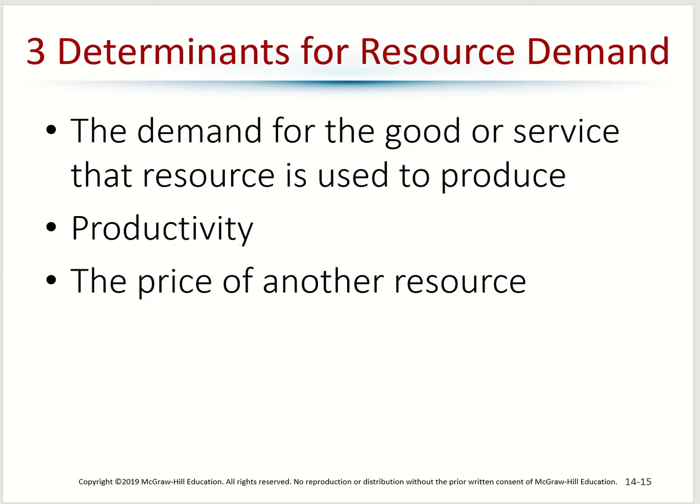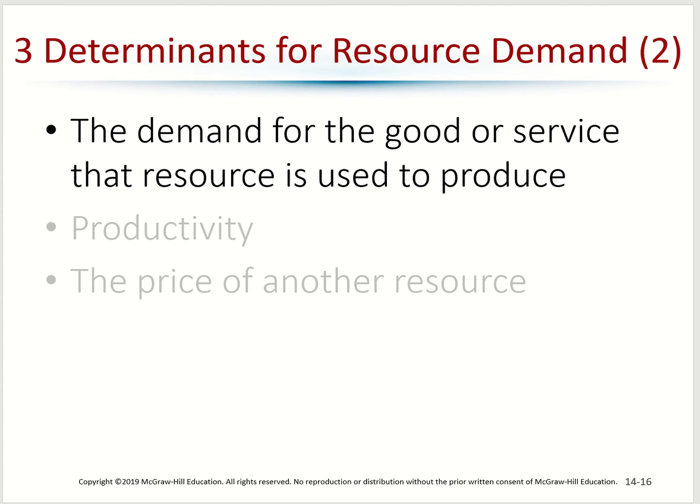Now there are three determinants of resource demand: the demand for the good and service the resource is used to produce, productivity, and also the price of other resources. First, the demand for the good and service that the resource is used to produce. Think like this. Suppose I have a restaurant, and the only thing I produce is chicken fried rice.